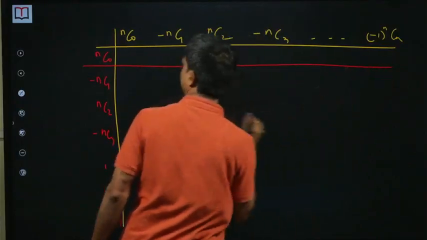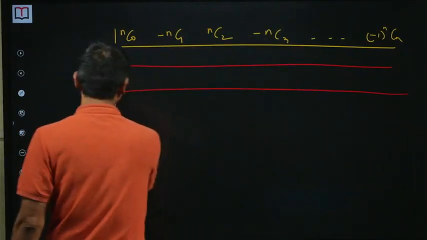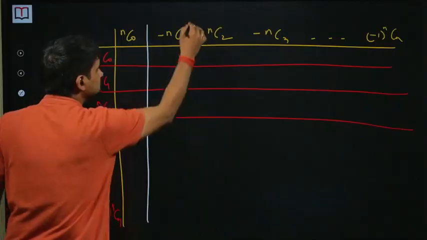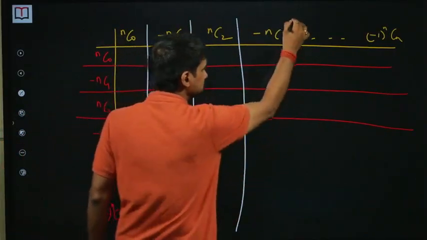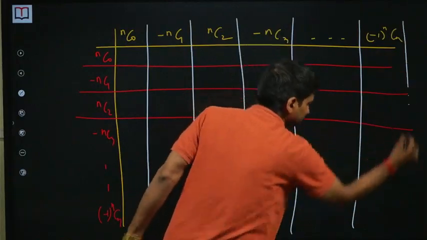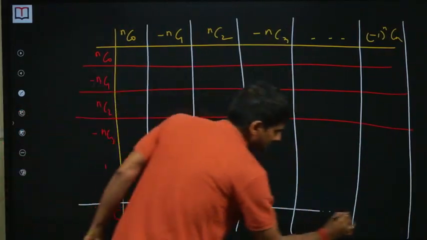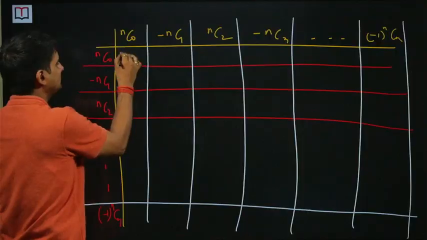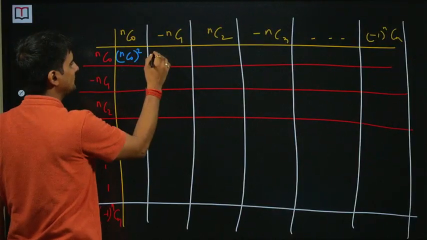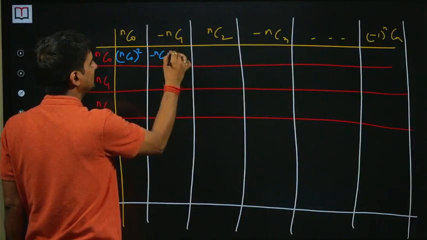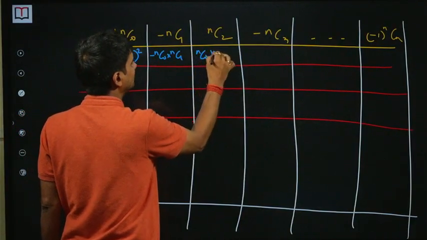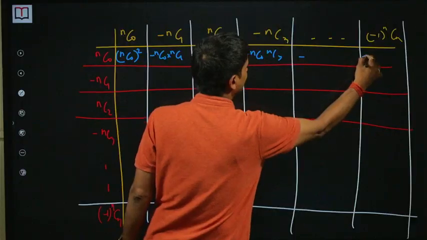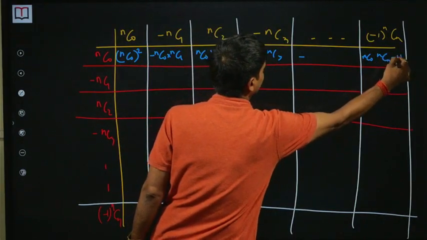Okay, so now let us try to complete this matrix. Something like this. In the first one it is nC0 times nC0. The second one is minus nC0 times nC1, plus nC0 times nC2, minus nC0 times nC3, and so on, till nC0 times nCn with minus 1 raised to the power.